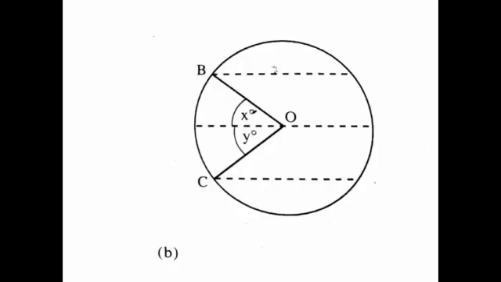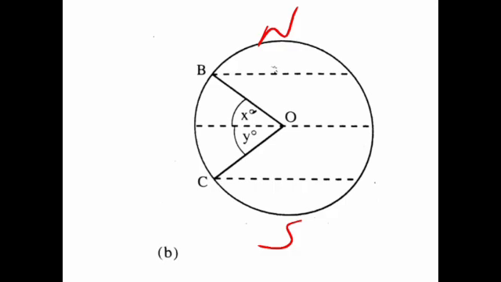You can see that we have a latitude heading towards the north and a latitude heading towards the south. The one heading towards the north, point B lies on it. The one heading on the south, point C lies on it.